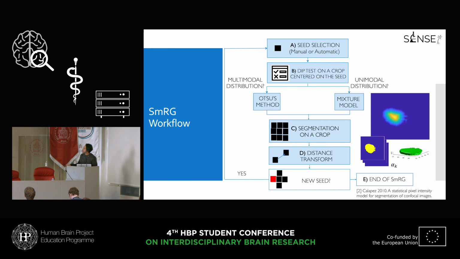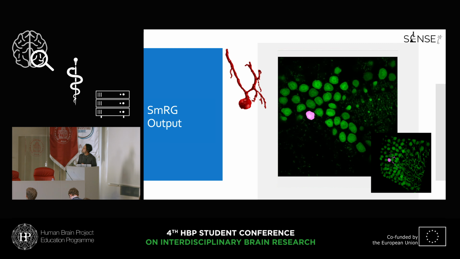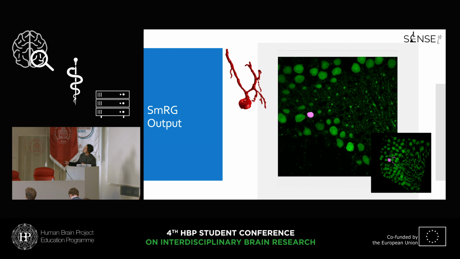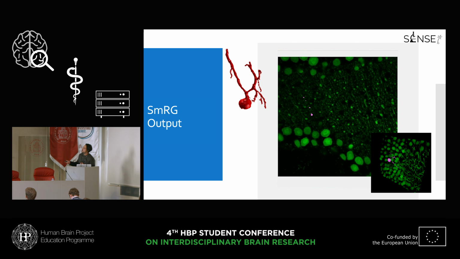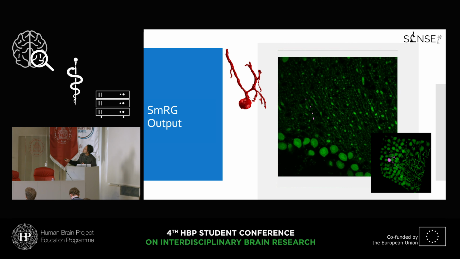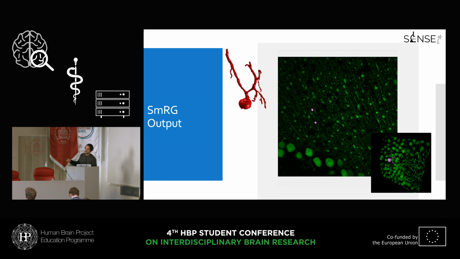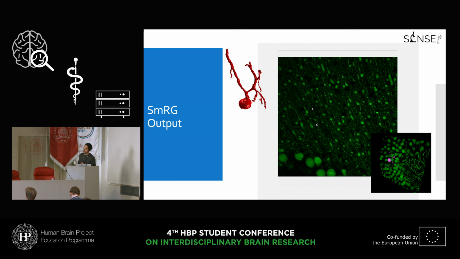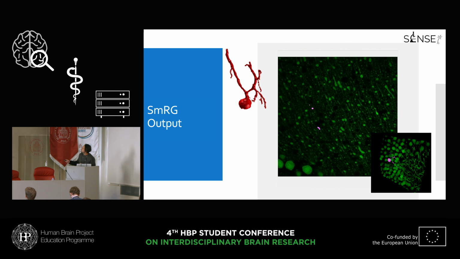New seeds are extracted from the local maxima of the distance transform, and then if we have new seeds, the procedure is iterated, and otherwise we finish the segmentation. And what the SMRG basically gives you is a 3D smooth mesh of the segmented neuron that can be localized within the 3D environment of the brain.